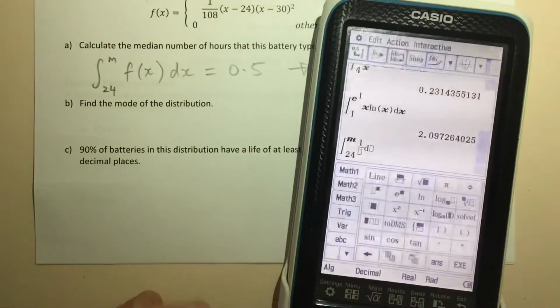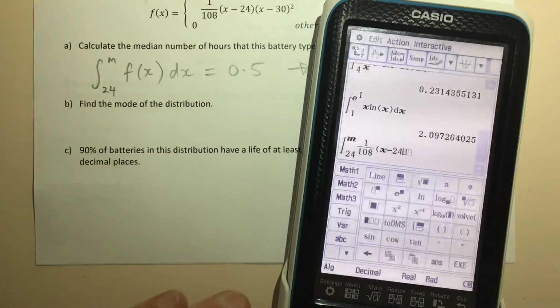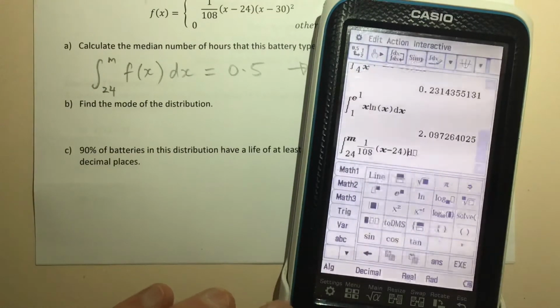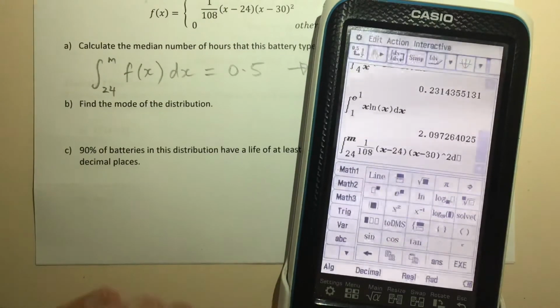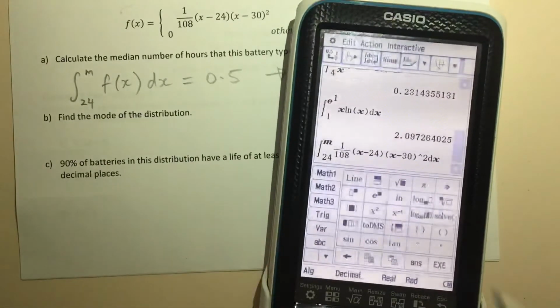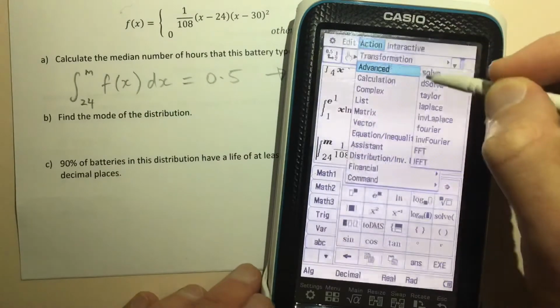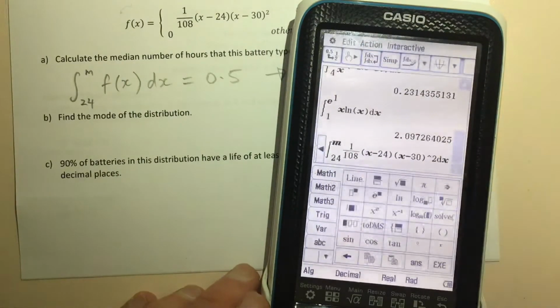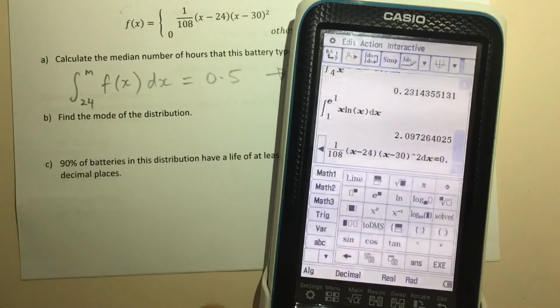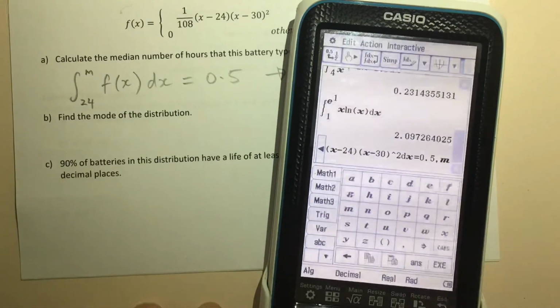Oh, beg your pardon. 1 over 108 times x minus 24 times x minus 30 squared with respect to x. So there's our integral with our terminals on it. And we're going to solve and let that equal 0.5. And of course, we're solving for m, so tell the calculator to solve for m rather than x.